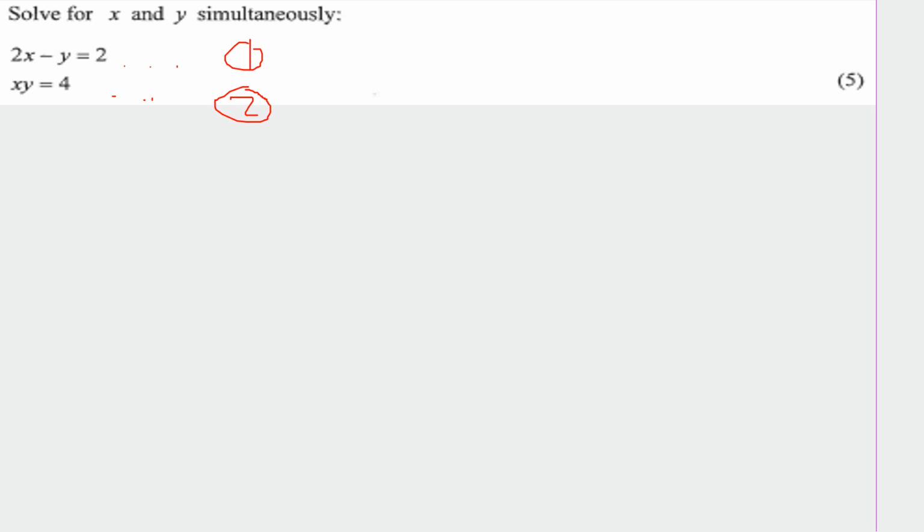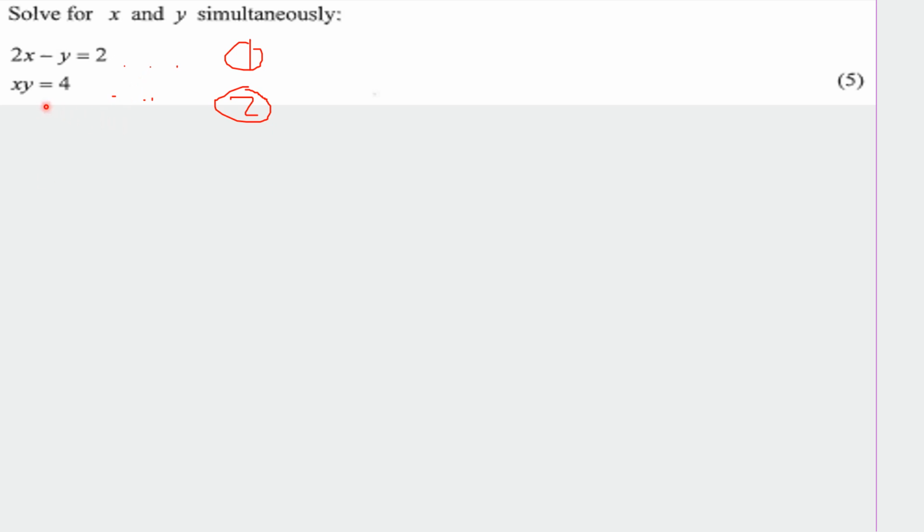From the first equation, you can make y the subject of the formula by transposing this side and also transposing 2 to the other side. You can also make x the subject of the formula, but you have to transpose first and then also divide, which is a long process.